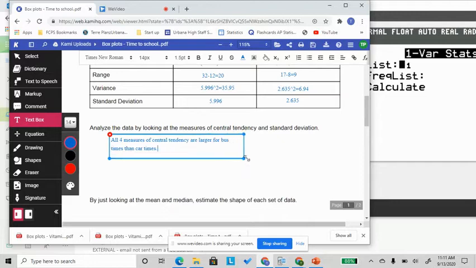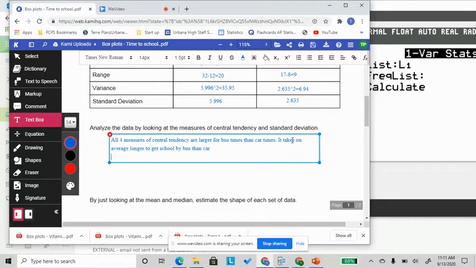So basically what we're saying here is that it takes, on average, longer to get to school by bus than car. Okay, that's the measures of central tendency.